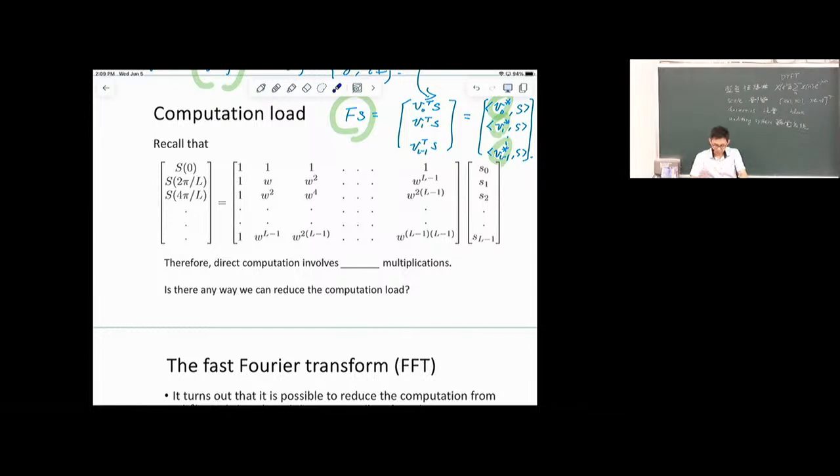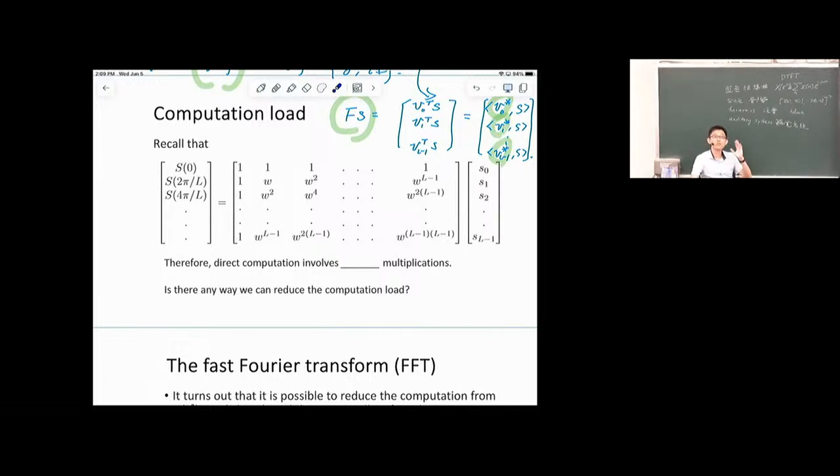computation load? So in this next page, now we understand this is a matrix representation of DFT. The question is, how many multiplications does it take to finish the computation? If we use this direct definition of DFT, how many multiplications does it take to finish the computation?